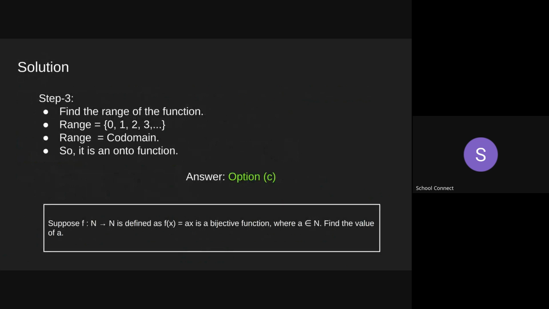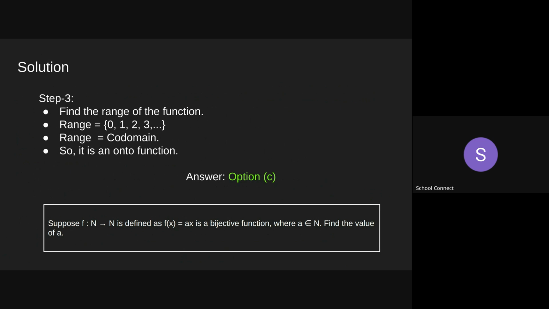Okay, so you see one question boxed in a white box. Suppose you have a function defined from the set of natural numbers to the set of natural numbers, defined as f of x is equal to ax. A is not known, and it is said that f is a bijective function.